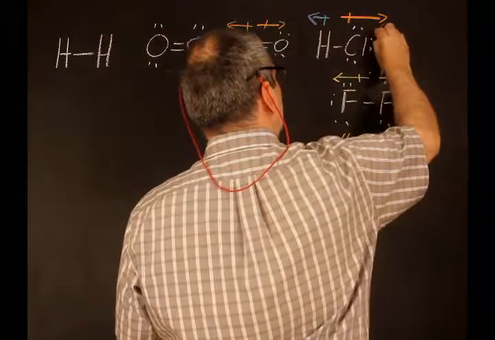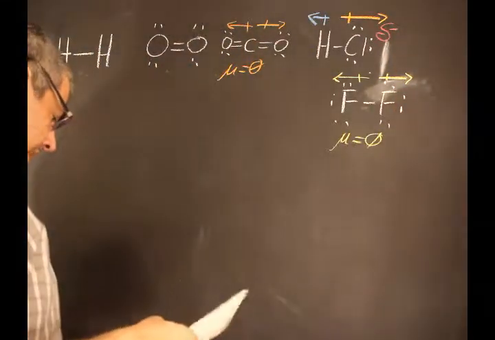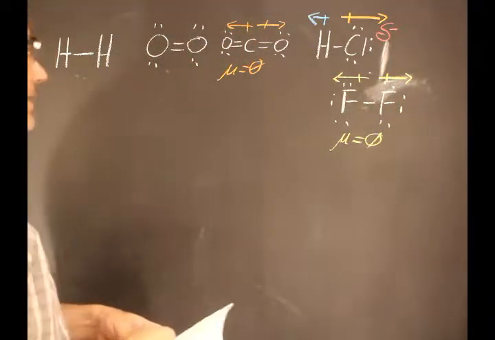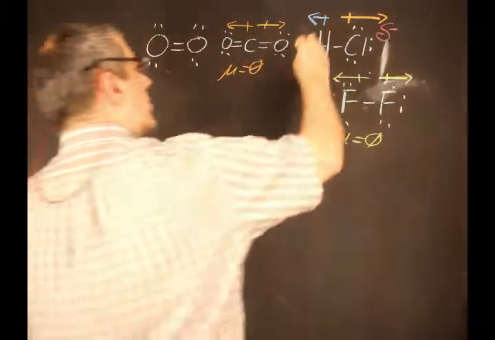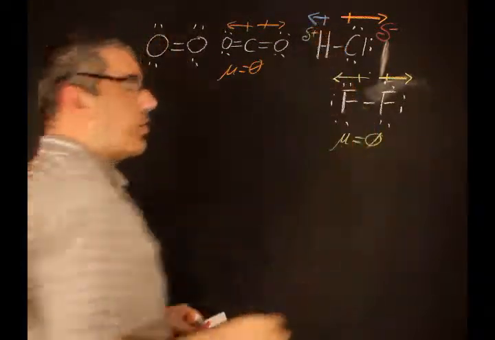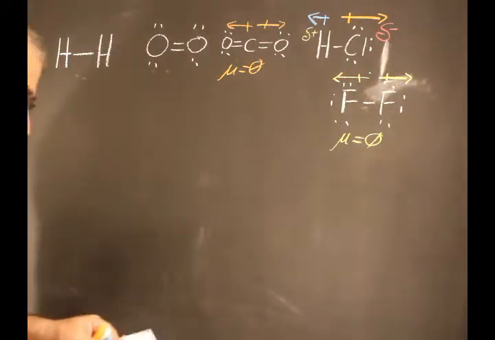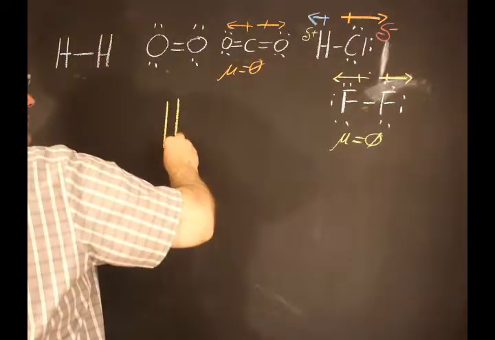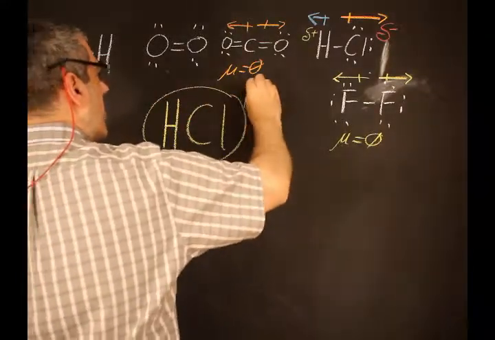So the chlorine will have a partial negative charge, and these colors, I'm just literally grabbing them so they don't actually mean anything. Therefore the hydrogen will have a partial positive. The little squiggly thing is lowercase delta. So the answer: HCl is polar.